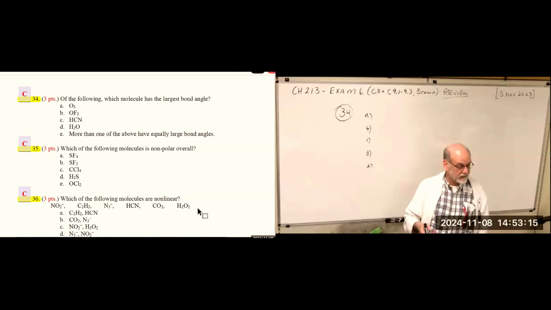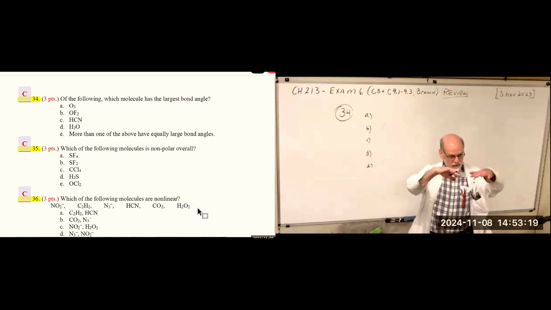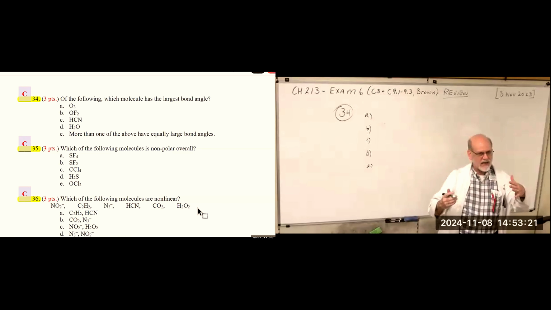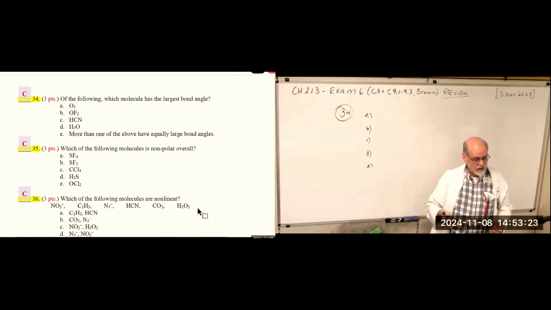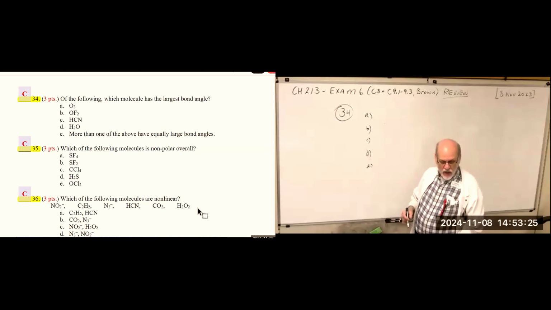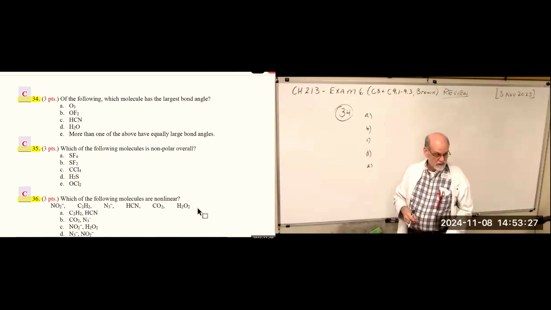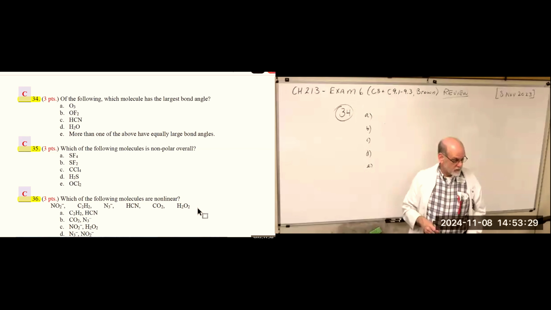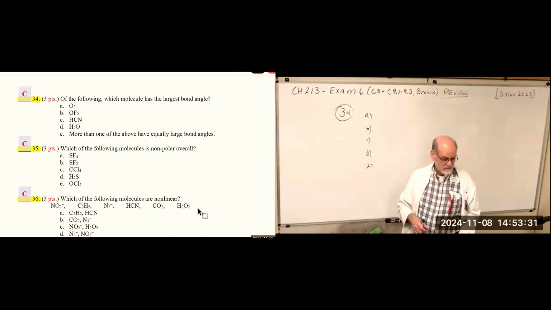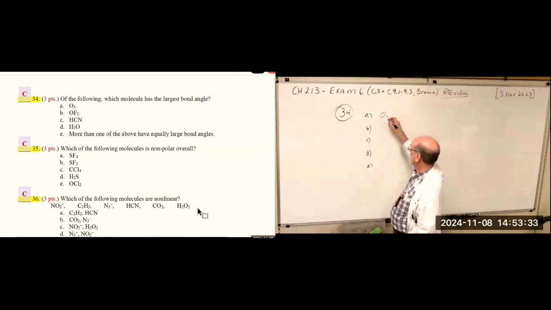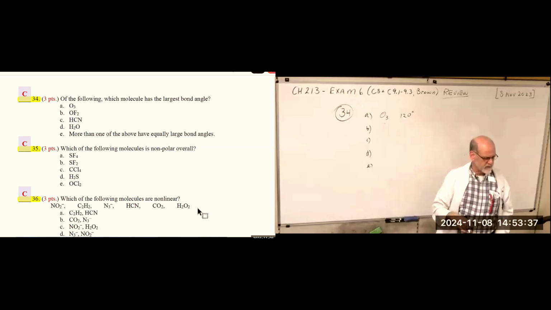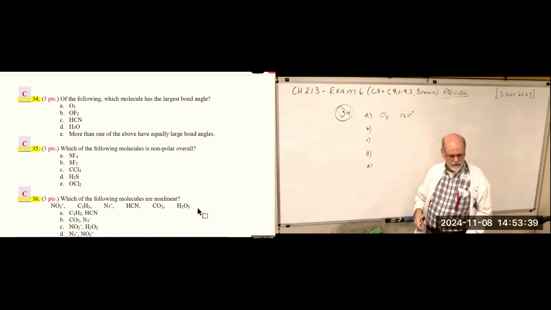Linear, 180 degrees, right? If you go over 180, then your bond angle's on the other side, and it's less than 180. So 180 is the tops. O3 is a bent molecule, right? So it's going to be 120 degrees for this one, nominally. It's probably going to be less because of the lone pair electrons.